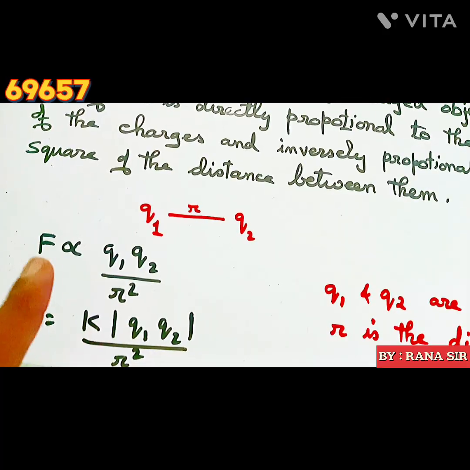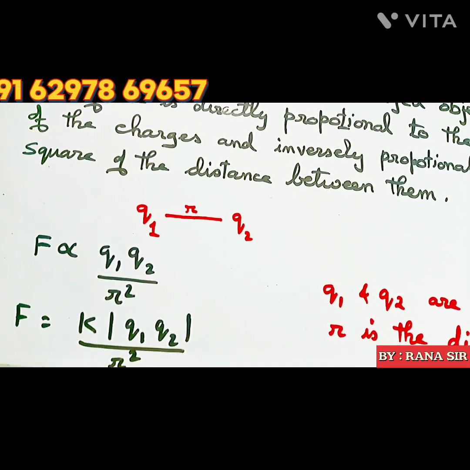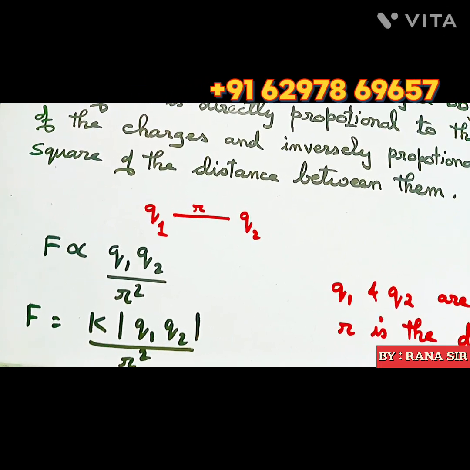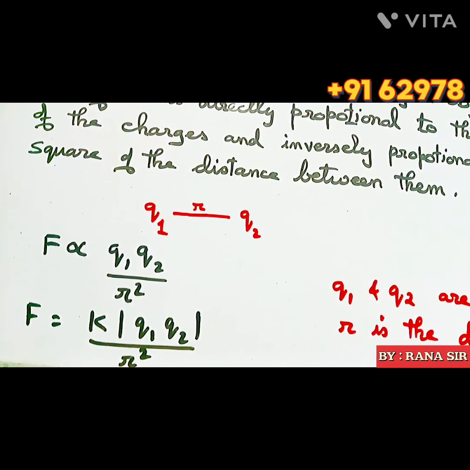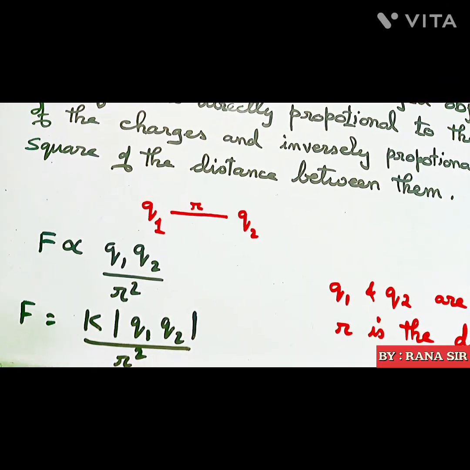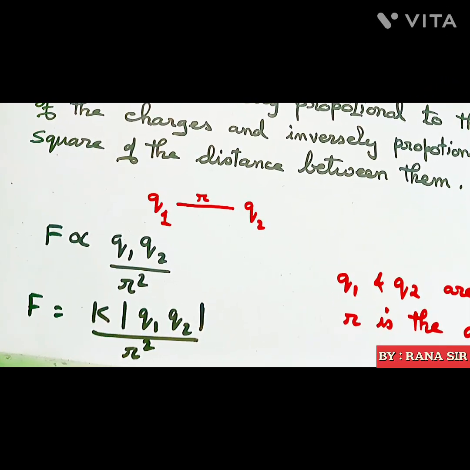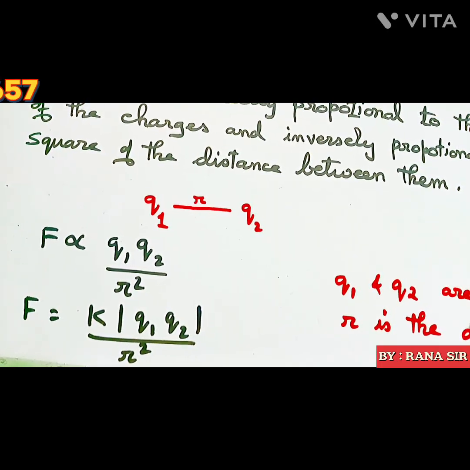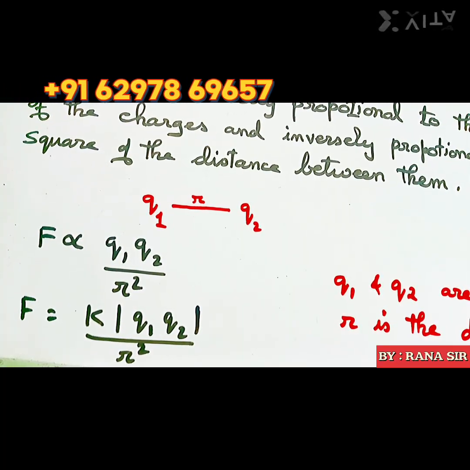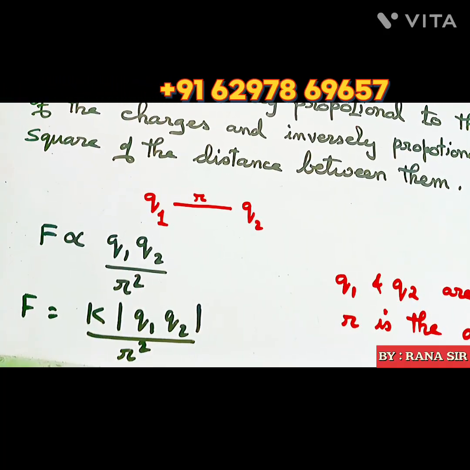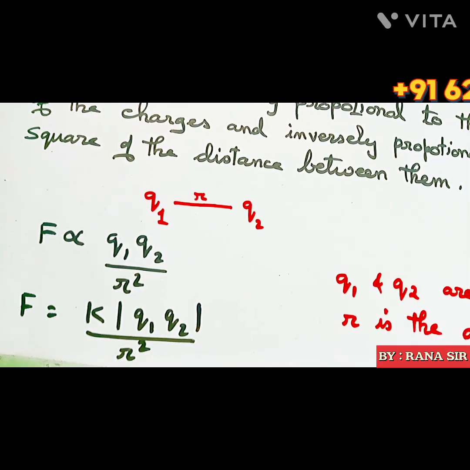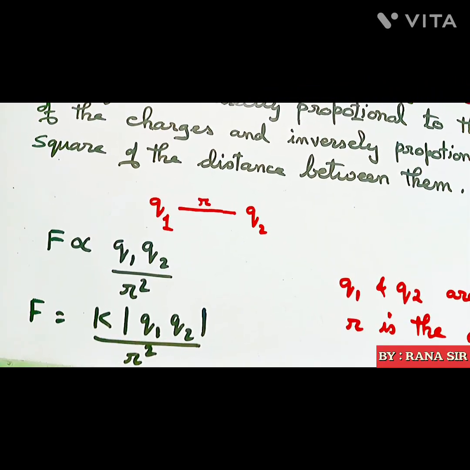Now when I remove the proportional sign and put an equal sign, we give a constant K. So F is equal to K mod Q1 into Q2. Why the mod? Mod symbolizes that the result will always be positive. So F equals K within brackets, mod of Q1 into Q2, the product of the charges, divided by R square.